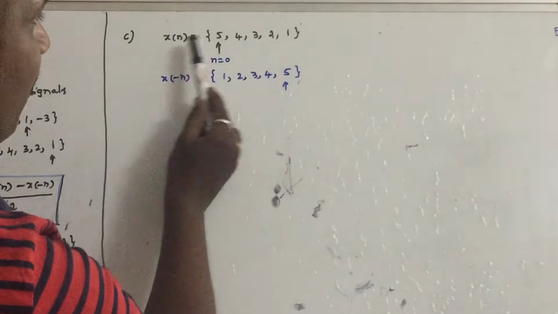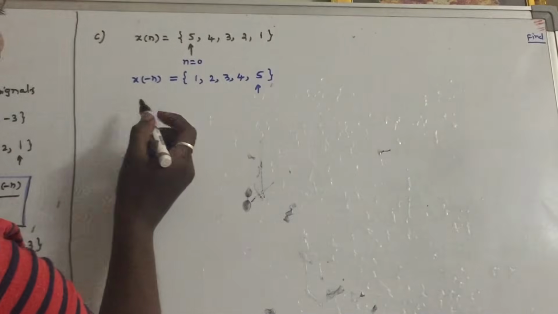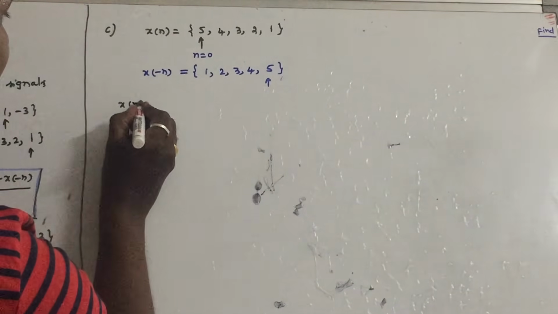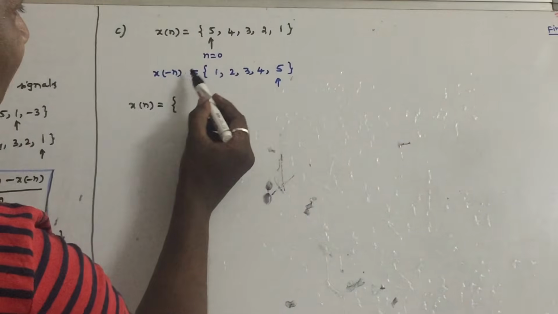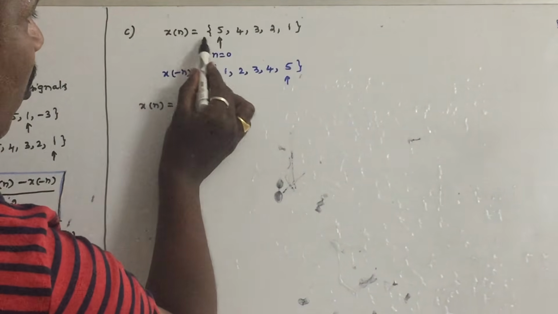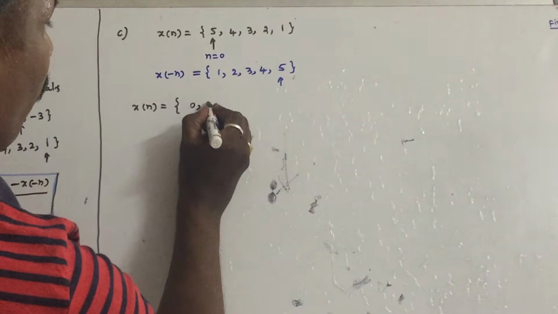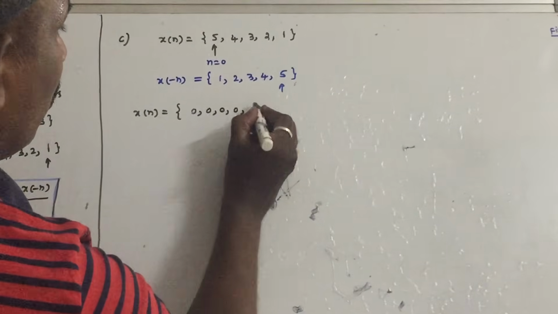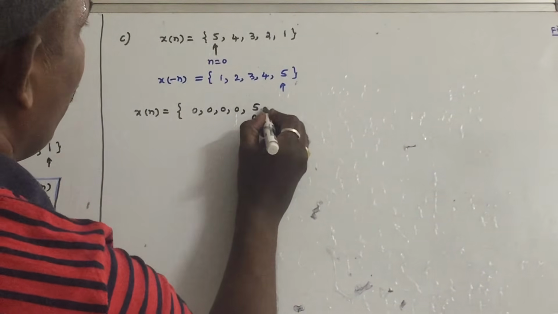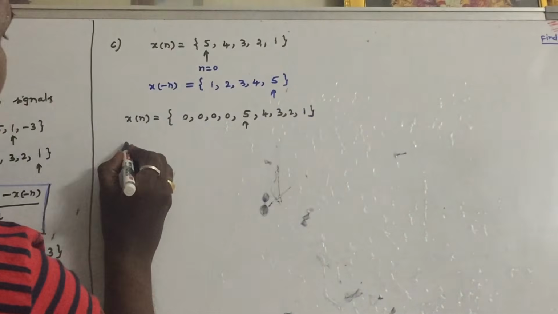You can see that in the similar manner, these two sequences are not equal. Let us make these two sequences equal. You can see that x of minus n has 4 samples on the left side, but x of n has no samples on the left side. So add 4 zeros, then 5, keep the arrow here, and 4, 3, 2, 1.